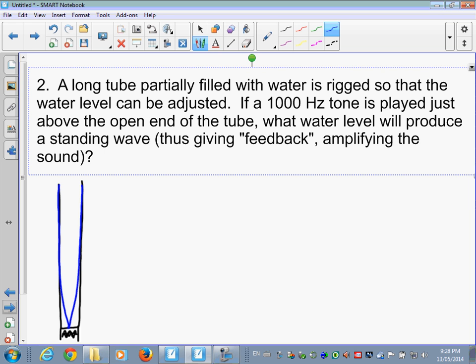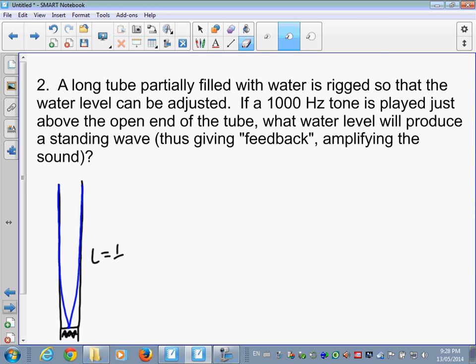It's a very stretched out wave, but again, the length of the tube is going to be equal to a quarter. The second time I've done that, where I've written half when I've said a quarter. The length is a quarter of the wavelength, so 4L equals lambda. In this case, I'm trying to figure out what lambda I actually need.